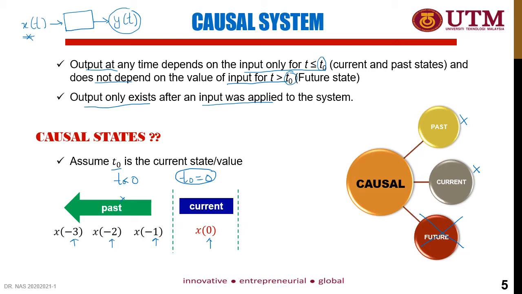And when t is larger than the current state, in this case 0, you have the future state. So now t is larger than your t0, okay, so 2, 3, and so on.